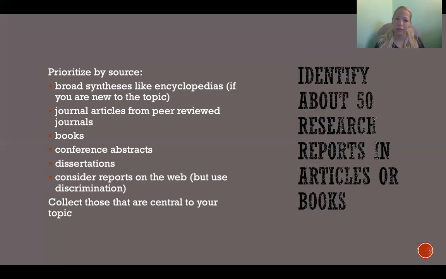Now, last on the list would be stuff you find on the internet. So beware. There might be reports and things that you find online in different sources, but use discrimination. Be careful, consider the source and where it was published, why it was published, who it was published by.